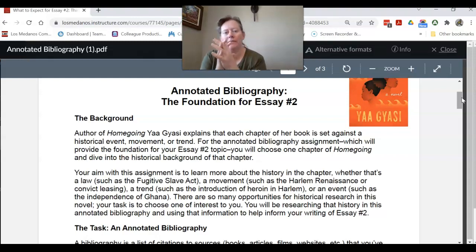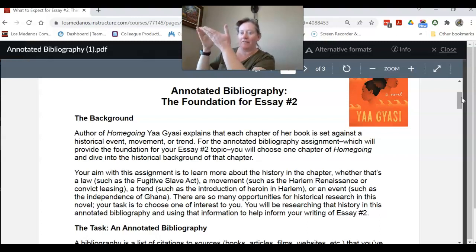Also hold the fact that in English 230, one of the requirements of the course is for you to conduct research. And that means researching beyond Wikipedia, beyond history.com, and actually diving into the databases and doing some research. And that is why the annotated bibliography is designed the way that it is.